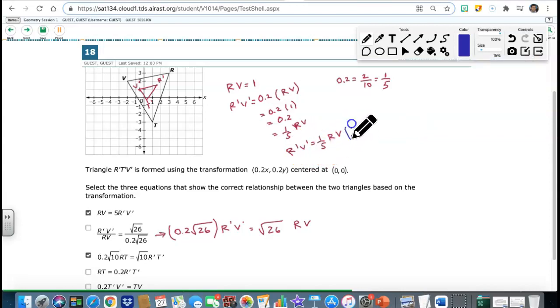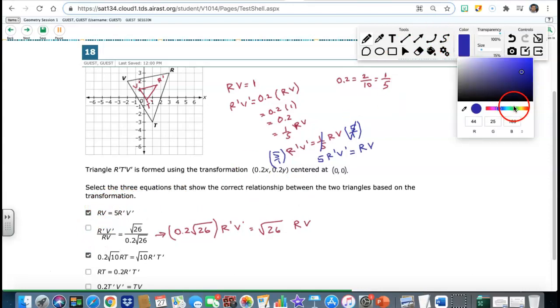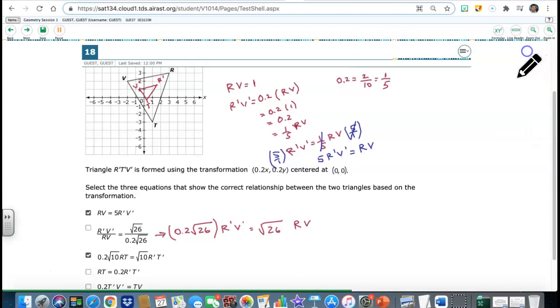I multiply times the reciprocal. The reciprocal of 1/5 is 5/1. I flip the fraction. This 1/5 times 5/1 cancels out, and I have RV is equal to 5 times R prime V prime, which is correct.